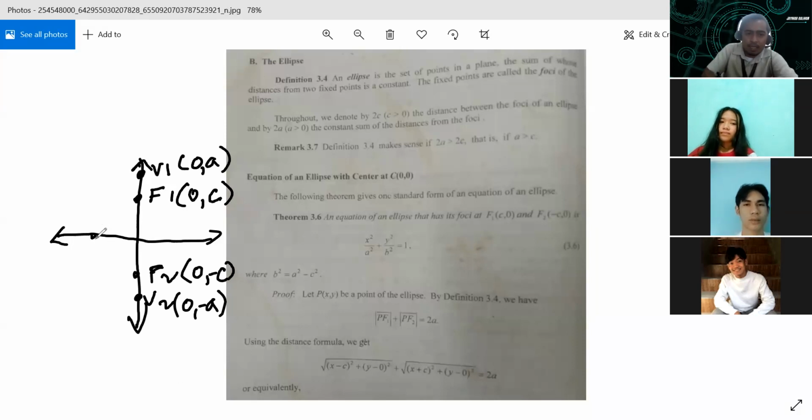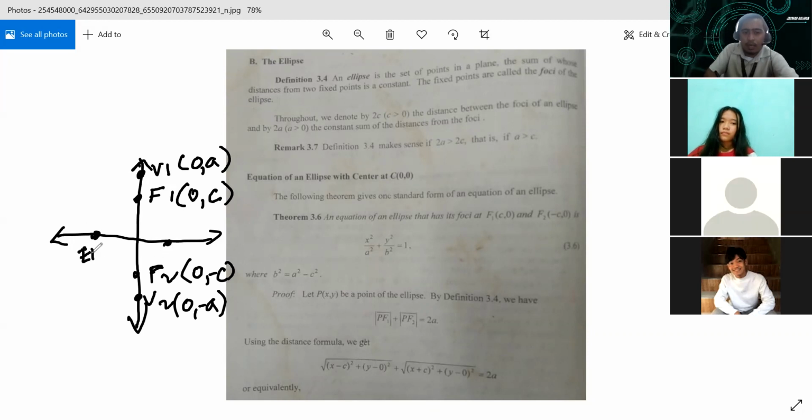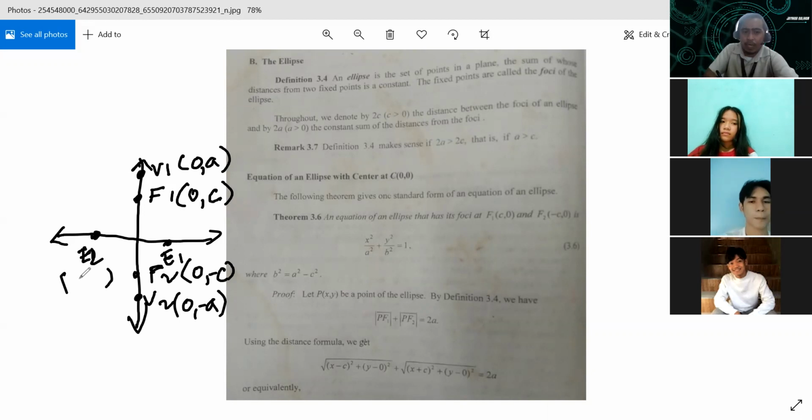The extremities will be here for your extremity 1, no, it's 2, extremity 1 here. The coordinates of those should be given by (negative b, 0), and here extremity 2 should be (b, 0). And if you draw it, it will look like this.